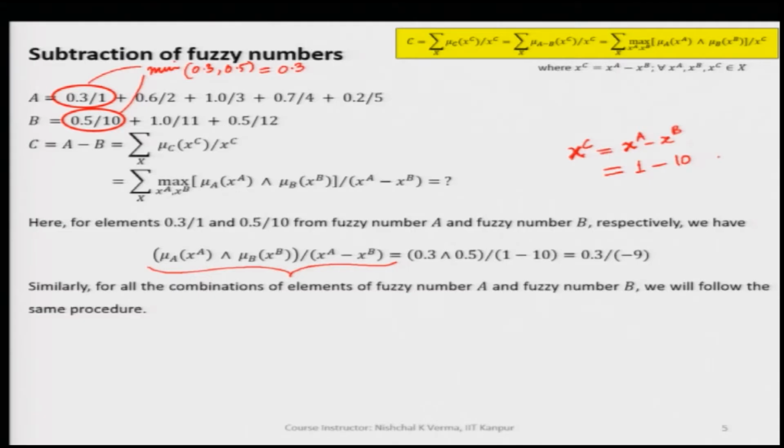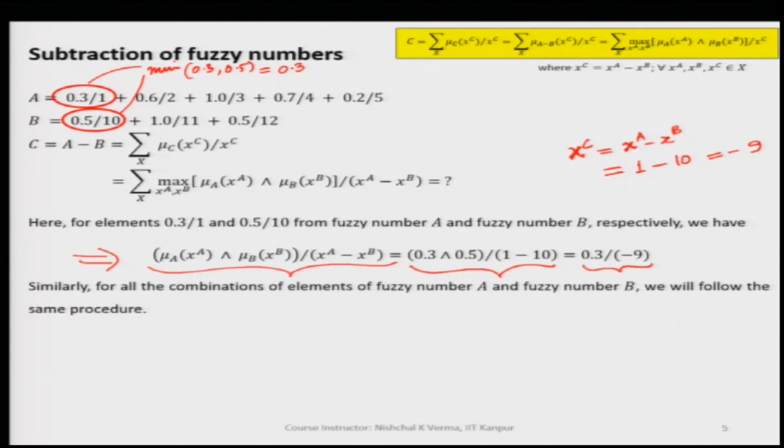So, what we are going to get here is minus 9. So, that is how we have computed the value of this term, when we have taken one combination. The first combination is giving us 0.3 oblique minus 9 for A minus B.